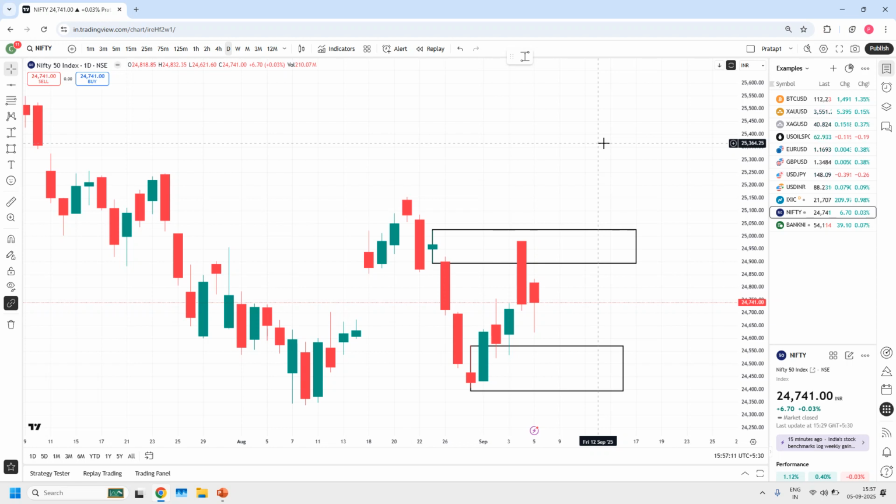We can identify them in any market. Demand zones have institutional pending buy orders and supply zones have institutional pending sell orders. When prices enter into the demand zone, it pushes the market up. When prices enter into the supply zone, it pushes the prices down.